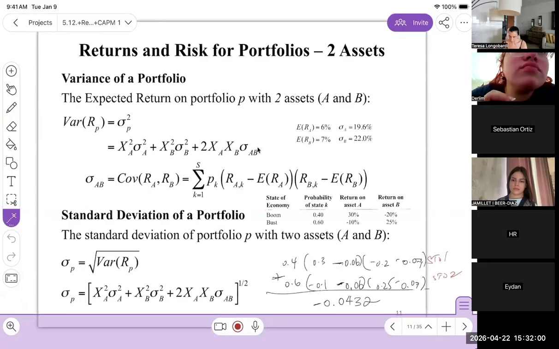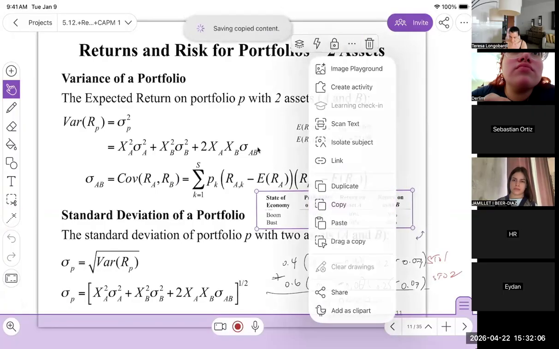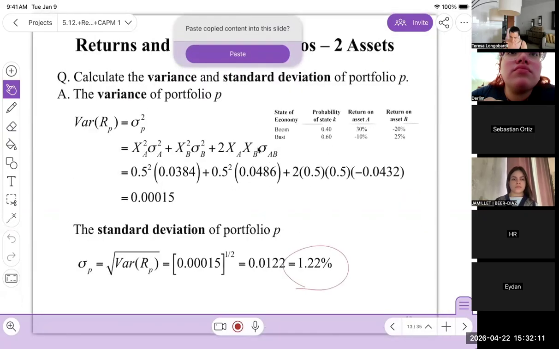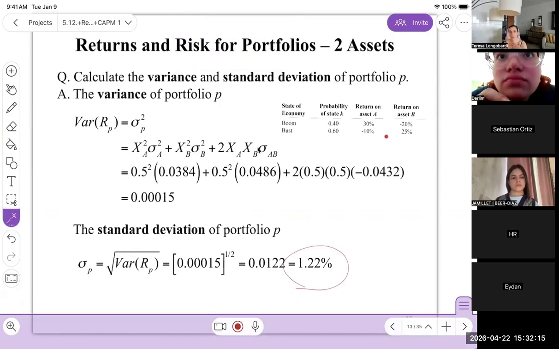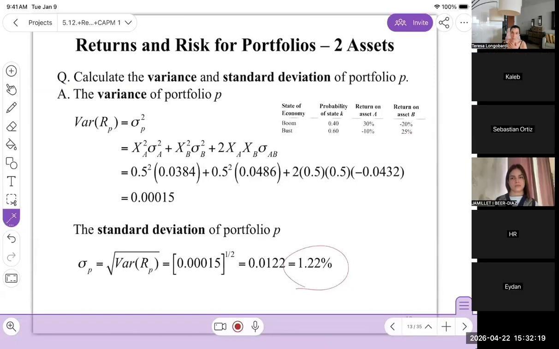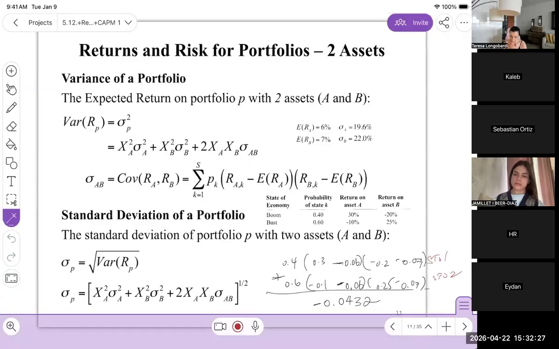Let's go back and copy this one more time. Oh, sorry, I didn't want to get that. I wanted to get this. Sorry.